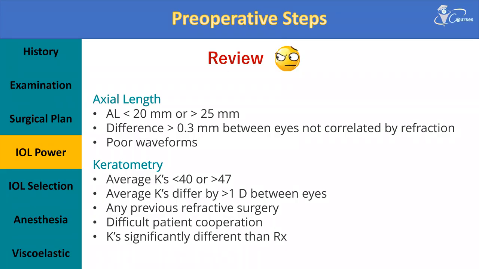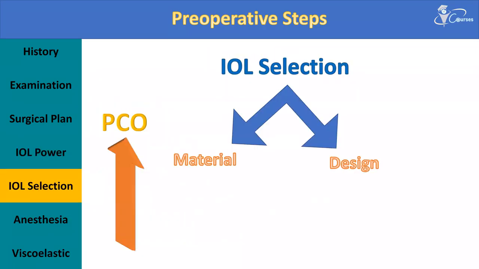After you measure the IOL power, now you need to know what will be the IOL itself that you are going to choose. IOL selection should also have some factors to put into consideration, like the materials and designs. First of all, you need to choose materials that cause the least intraocular inflammation as possible. You want to put an inert substance.